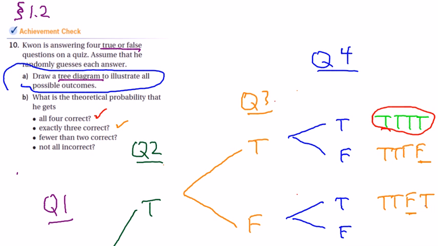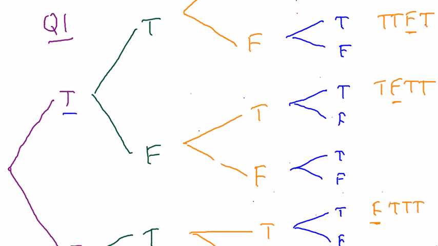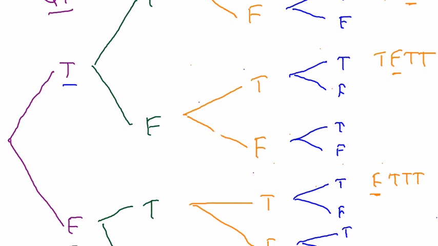Okay, the third question we have to look at is the theoretical probability that he gets fewer than 2 correct. So to get fewer than 2 correct, he has to get 1 correct, or he has to get none correct, right? So let's see now. 1 correct. The only way I can think of that he could get 1 correct would be if he gets the first one correct, and that's not the only way.